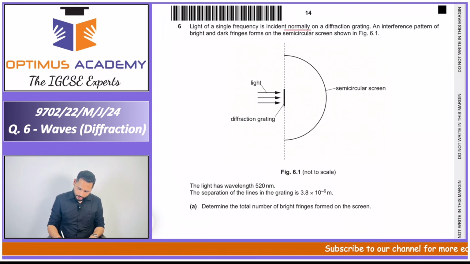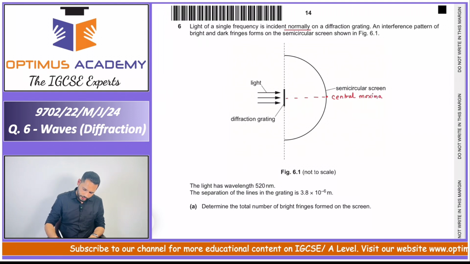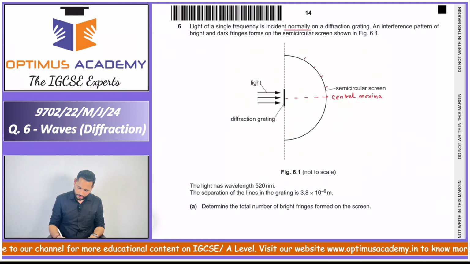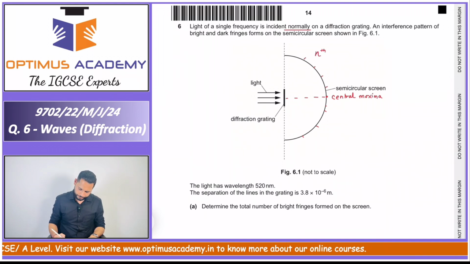Now note that here on the center part we will be seeing a central maxima, and we will be seeing the orders of maxima above and below the central maxima. We call this nth order of maxima.